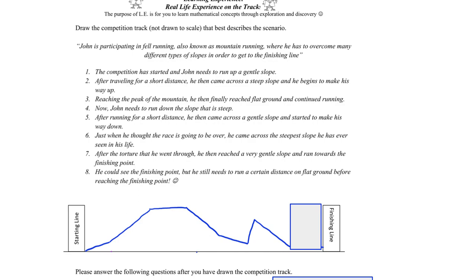And he could see the finishing line, but he still needs to run a certain distance on flat ground before he finally reaches it. So this is an illustration of a scenario that will help us to understand a bit about gradient.